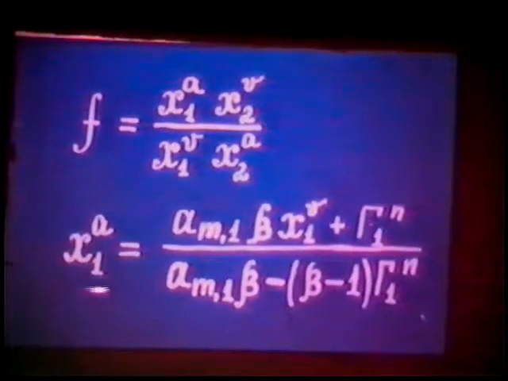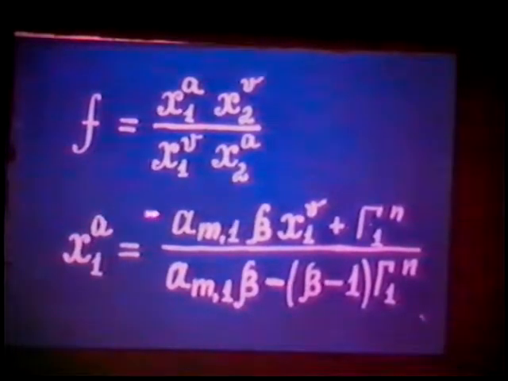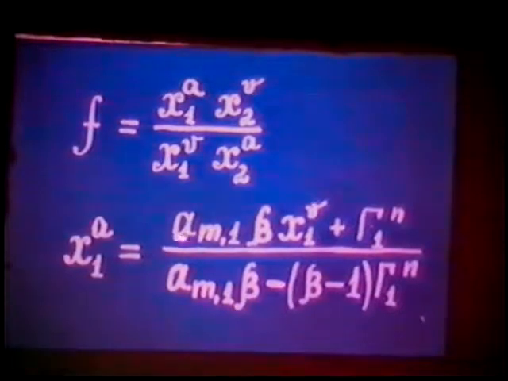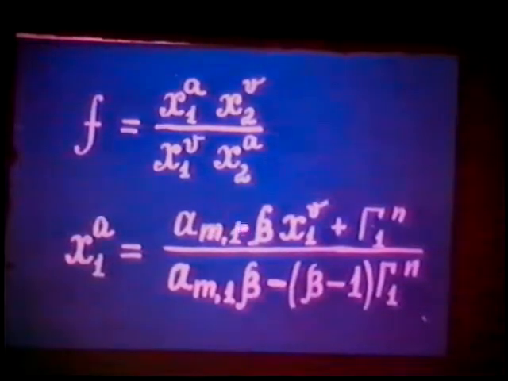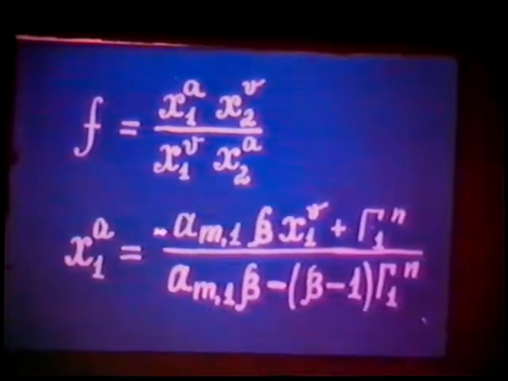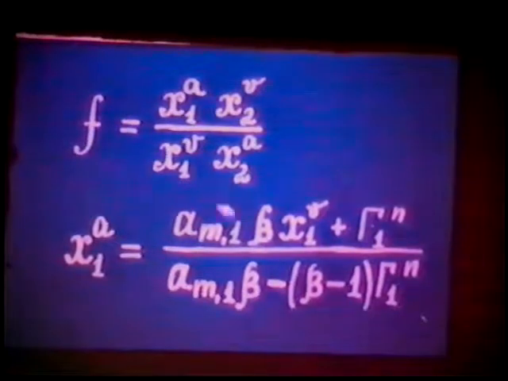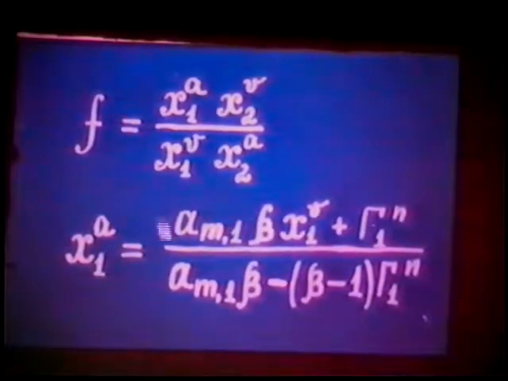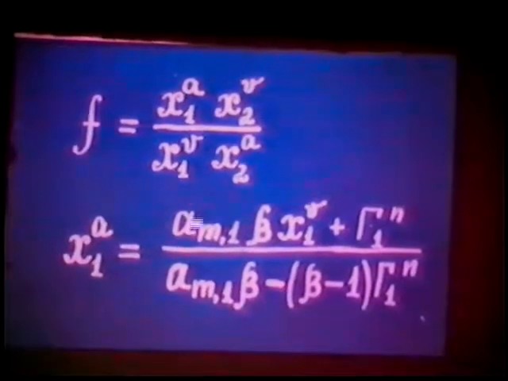The concentration in the adsorption phase they calculate by the usual method, where AM is adsorption of the first component at the mole fraction of 1. Beta is the relation of AM1 to AM2, and that is adsorption.